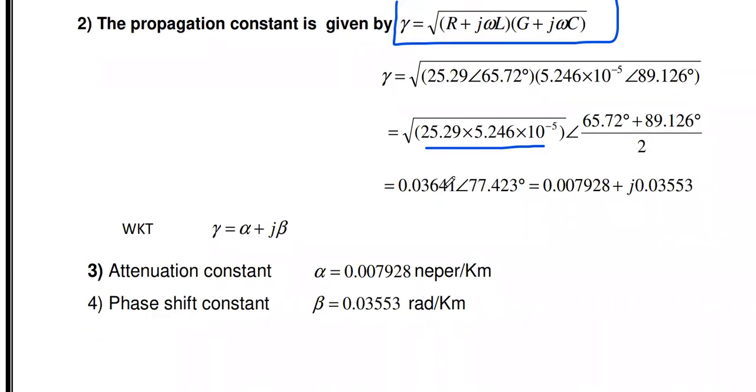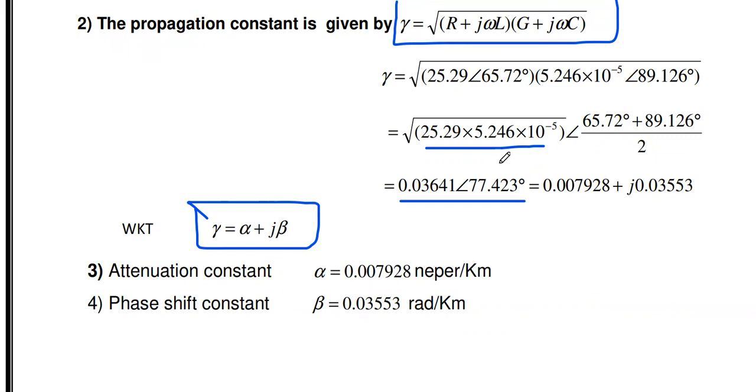So we can get eta equal to 0.03641 with angle 77.423 degree. Here our question is to find the attenuation constant and phase shift constant. If the propagation constant is written in rectangular form, the real part is said to be alpha and the imaginary part is said to be beta.